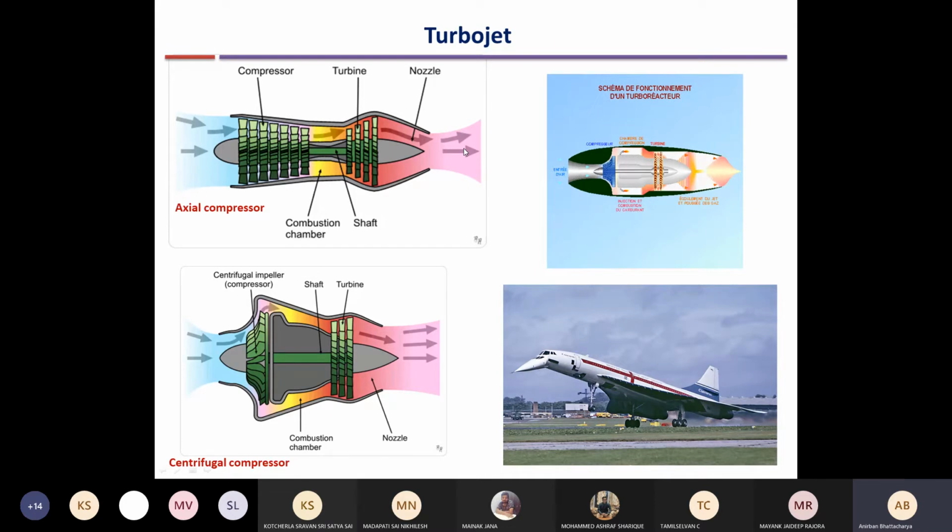So the momentum at the exit minus the momentum at the inlet. Okay. So as a result, we use a nozzle here. And in between, obviously, we have combustion chambers, one or multiple, where the fuel is injected and combustion occurs to increase the temperature so that we can get work output from the turbine.